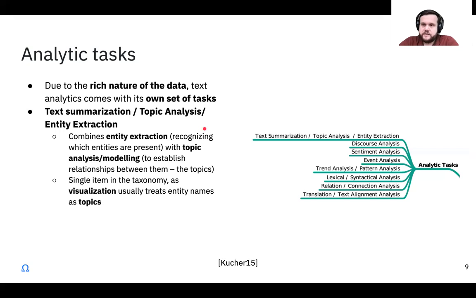Basically, in information visualization, usually entities and topics, the boundaries are a bit blurred. So it's all treated as topics. There's a bit of a discrepancy between the information visualization terminology and the information retrieval terminology, but it's good to be mindful of that.